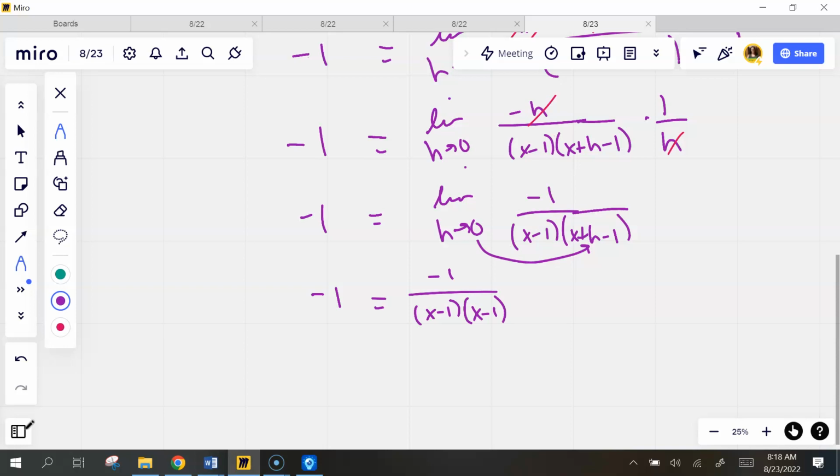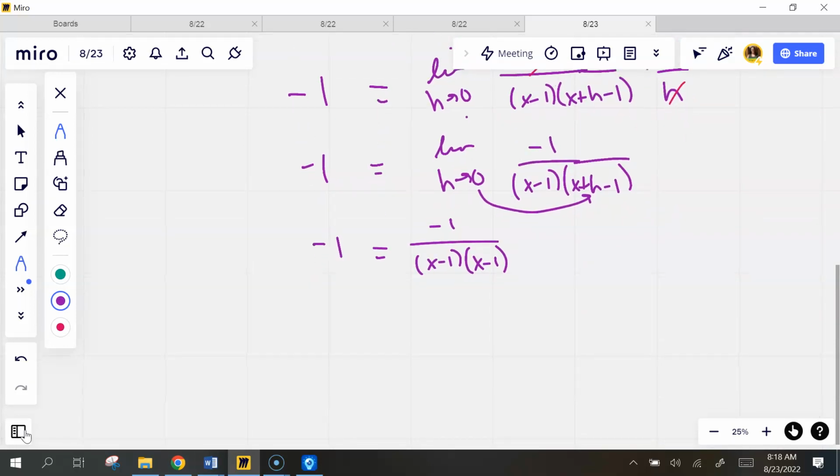Oh, okay. You just had to set it equal to -1. Oh, I see. Yeah, we got -1 over x minus 1 squared. So now if I solve, I would cross multiply here, right? Negative x minus 1 squared equals -1.